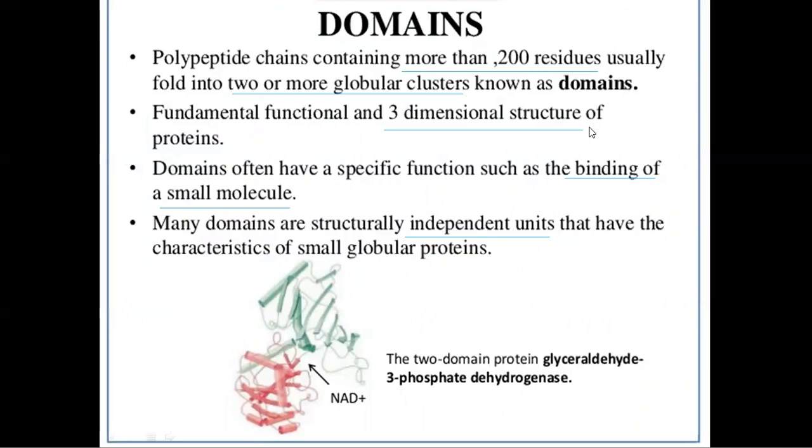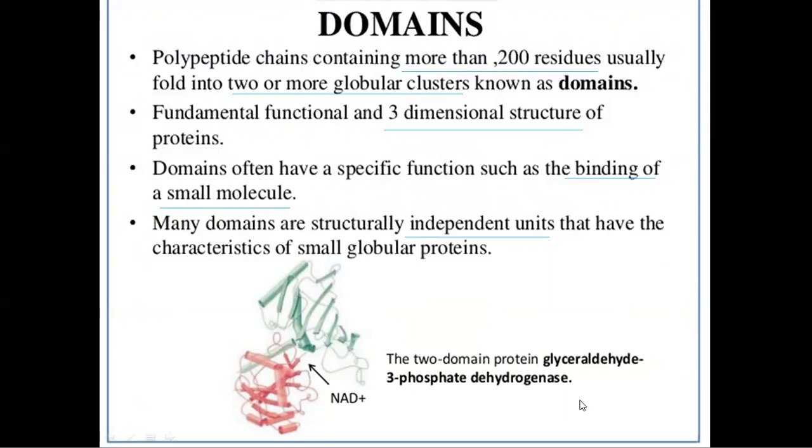Domains. Here these tertiary structures are available in the form of domains. In this picture we have two domains. This is one domain and this is the other domain. And these domains are made up of globular clusters. So these globular clusters are all together and form a domain. In each domain, there will be about 200 amino acid residues.